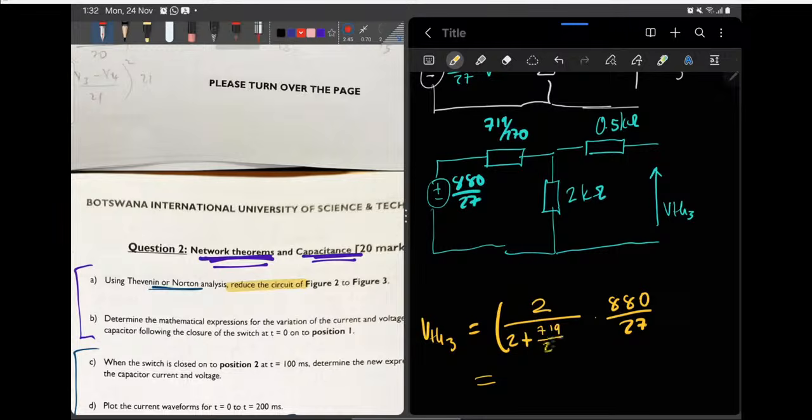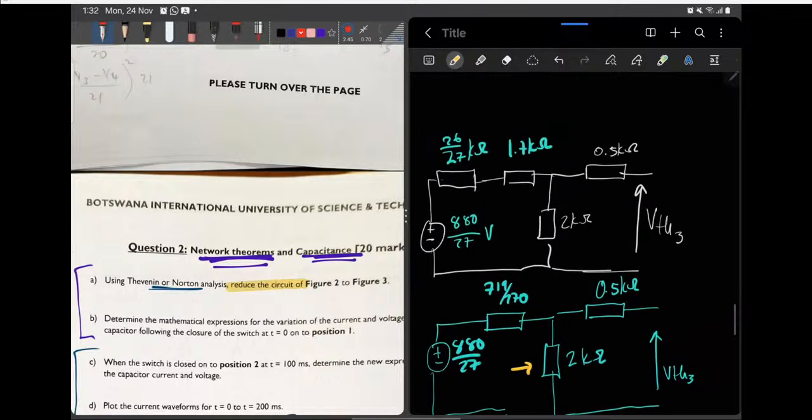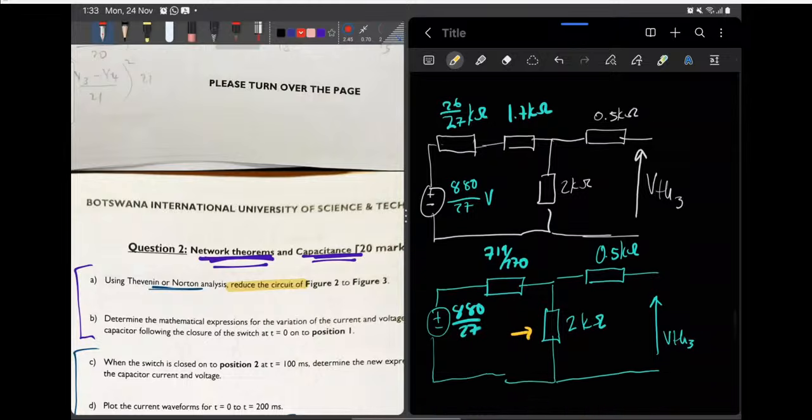Something like that. Because we take this one, we divide by the total. So it's 2 because we want the voltage at 2. And what value is that? Let me see again. Sorry. 26 over 27 plus 1.7 rather. It's 719 over 270.